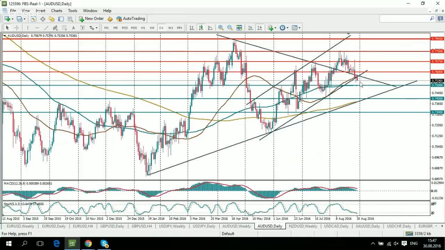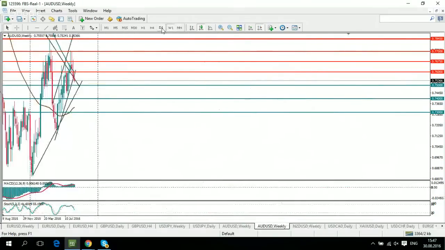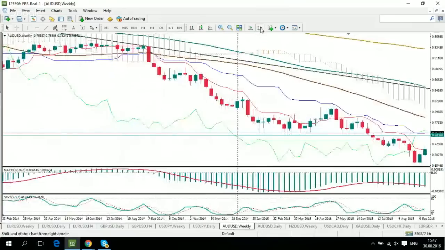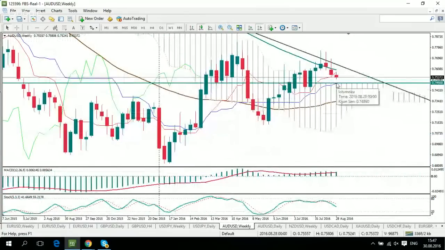Still, to make this trade to 0.74, perhaps we will need more confirmation below 0.75, as at 0.7490, so around 0.75, we have the top of the weekly Ichimoku cloud and also the line of the Ichimoku cloud on the weekly chart.